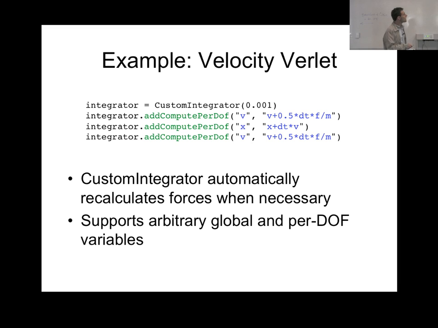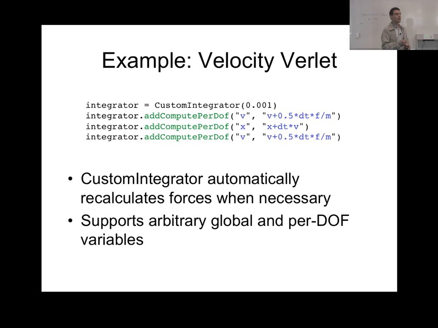You can also provide additional variables. Here we're just setting the built-in variables, velocity and position. But you can define arbitrary other variables that you want. And those variables can be either global variables that have one value, or they can be per degree of freedom variables.